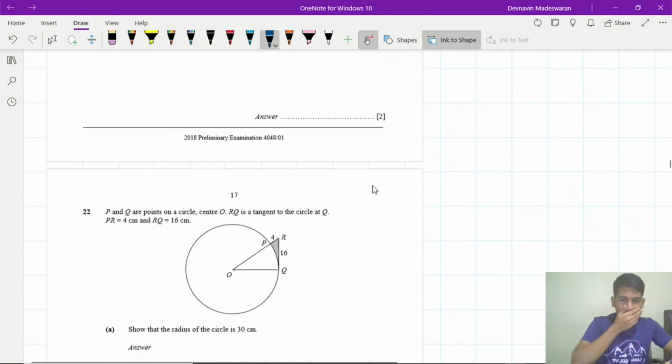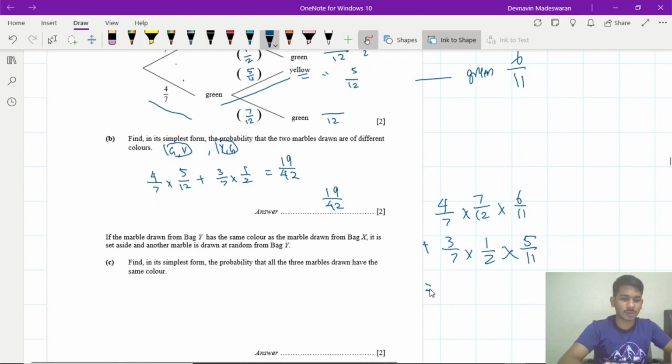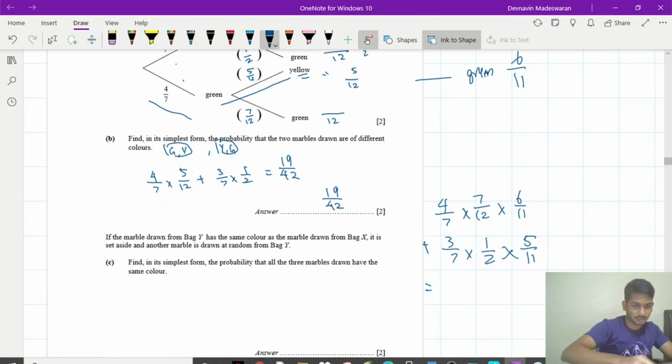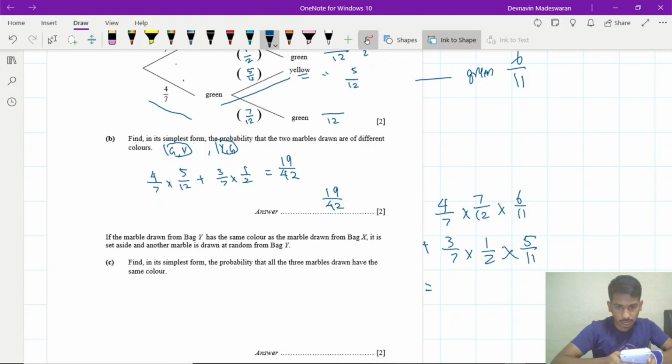Next question seems fun. This one, let's finish. So 4 over 7 times 7 over 12 times 6 over 11, and then you add 3 over 7 times 1 over 2 times 5 over 11.